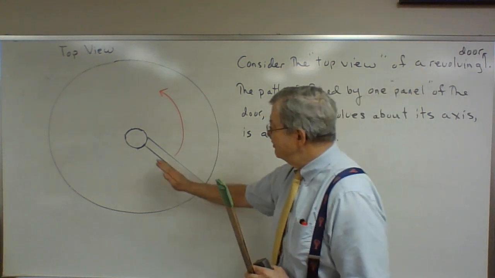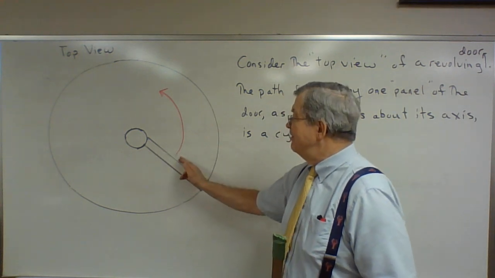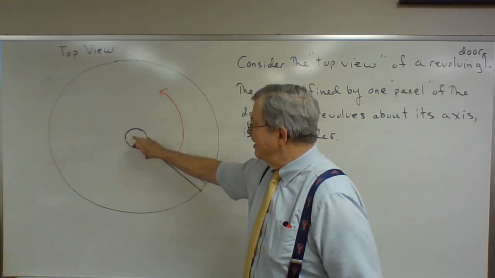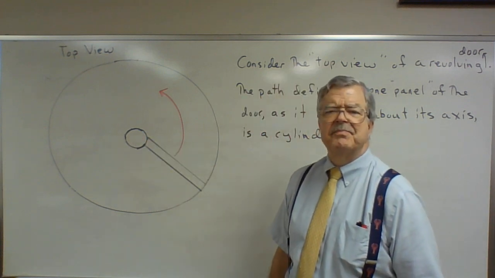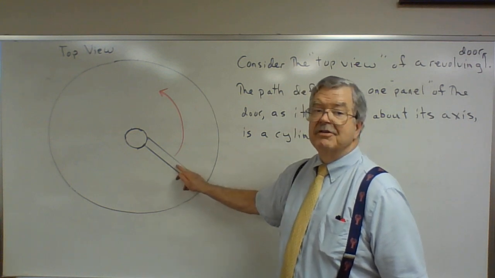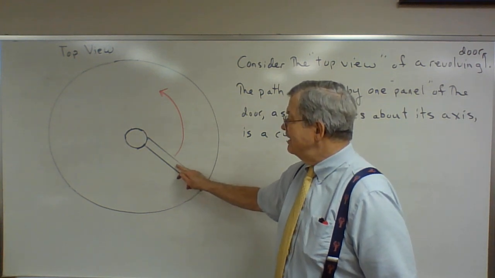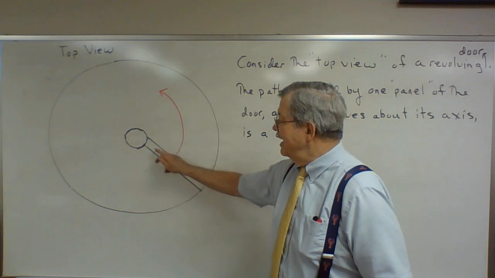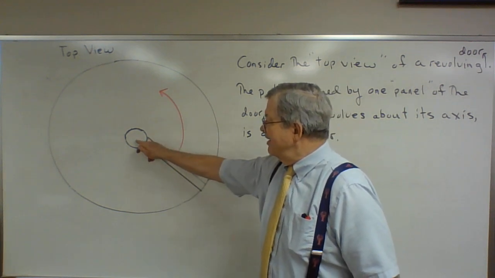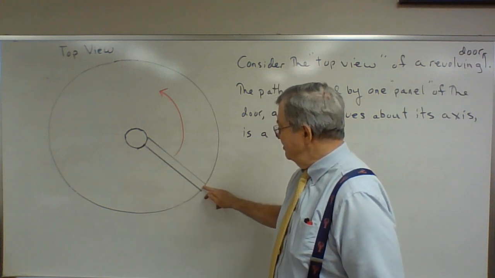So if we take this door panel and revolve it one complete revolution about its axis, the path swept out by this door is a solid cylinder that has the height of this door panel, and it has the radius, which is the distance from the axis to the end of the door.